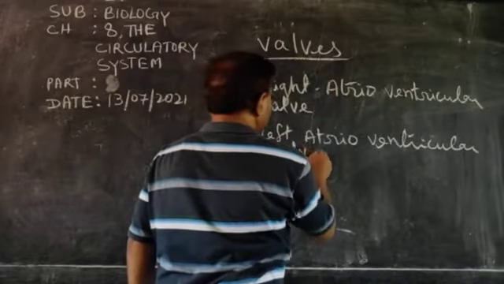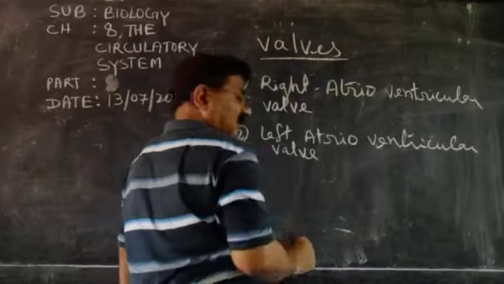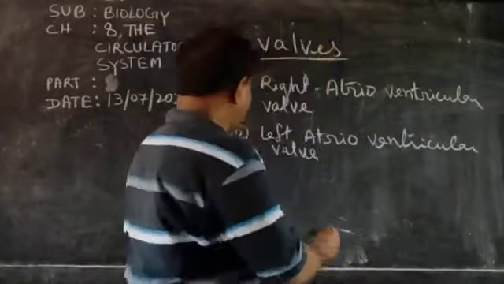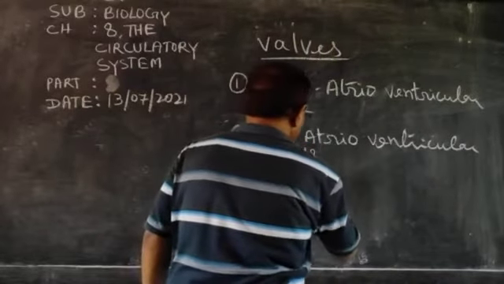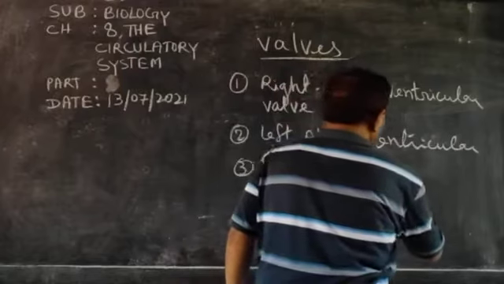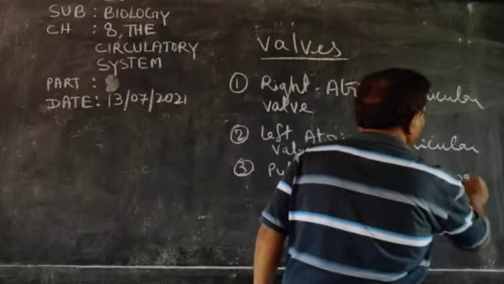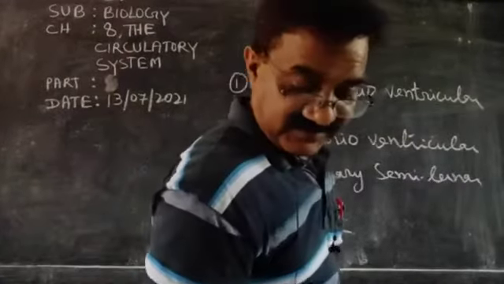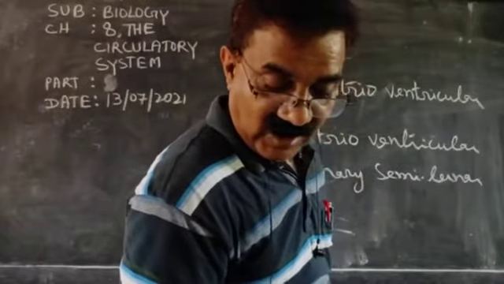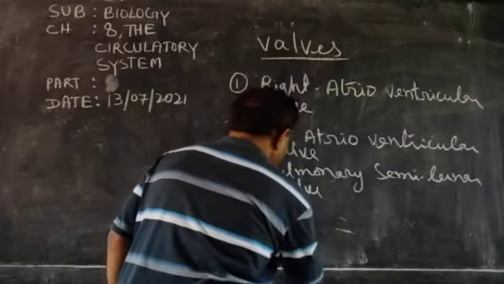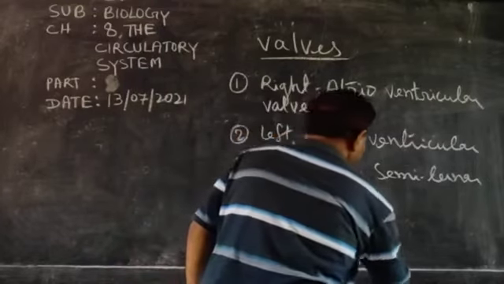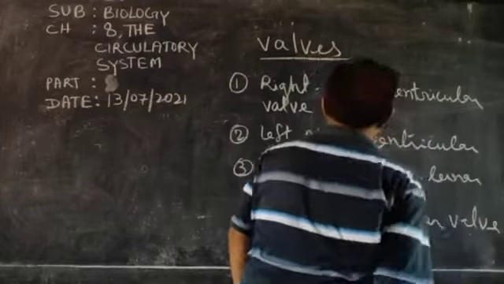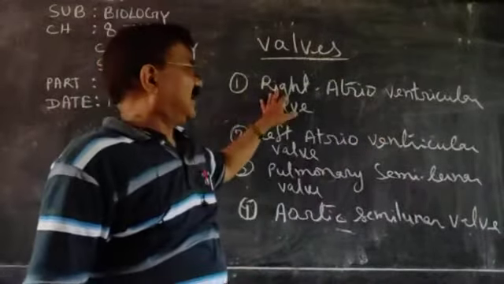Third one is pulmonary semilunar valve. And fourth one is aortic semilunar valve. Okay, so right arterioventricular valve.